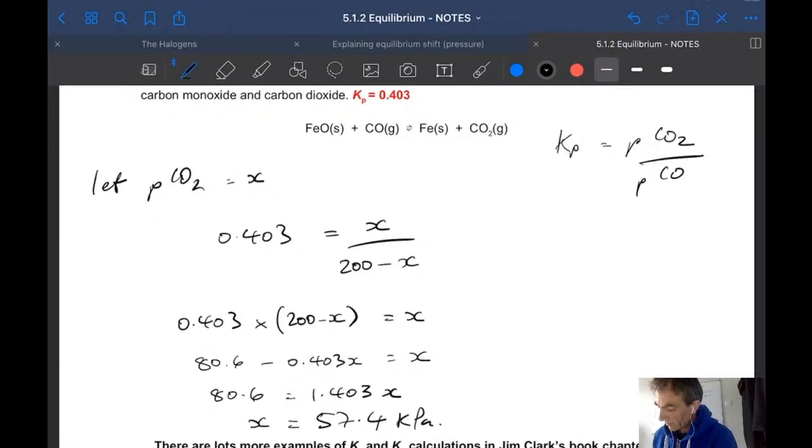And to get the other partial pressure, remember that X is the partial pressure of CO2. So the partial pressure of carbon monoxide is just 200 minus 57.4. So that comes out at 142.6 kPa.